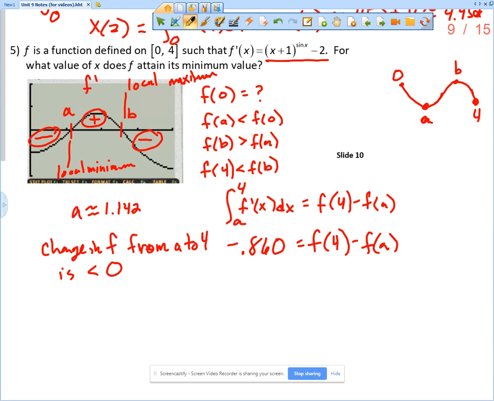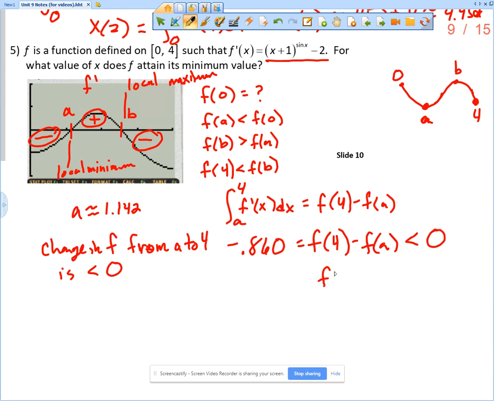What does that mean? The change is negative. That means from f of a to f of 4, I must have gone downwards. Correct? So if from a to 4 I've gone downwards, then that means that f of 4 is the minimum, right? But let's say it a little bit more clearly. F of 4 minus f of a is equal to negative 0.860. In other words, f of 4 minus f of a is negative, right? Less than 0.